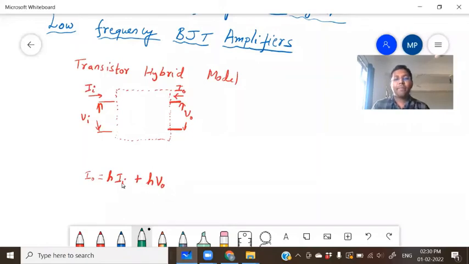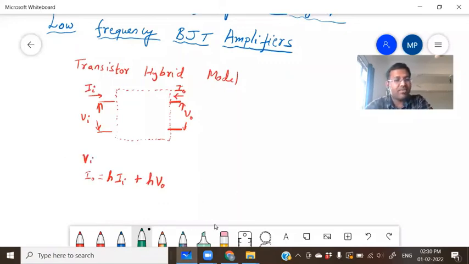So here II and V0 we have to choose as independent variables. So what is the other variable? The other variable is Vi. I0 is over, II is over, V0 is over. So Vi also we can now represent in terms of II and V0.